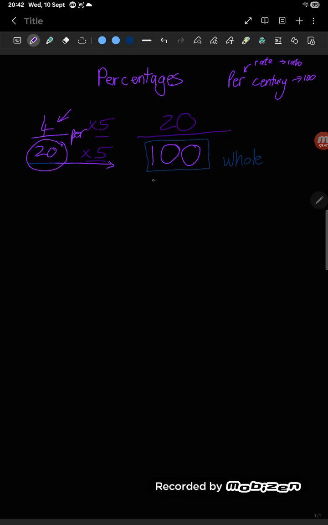As soon as it's out of 100, I can take this line, and instead of putting that line, I can say per. And instead of putting 100, instead of saying 20 per 100, that seems long, we call this cents. Like there's 100 cents in a rand. Okay, so I now start to say 20%.